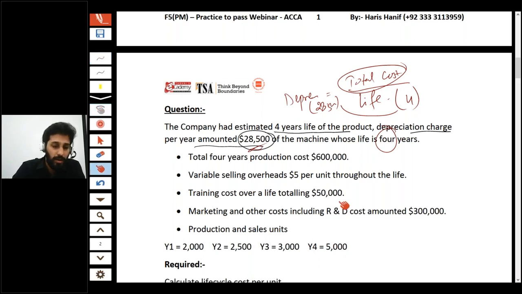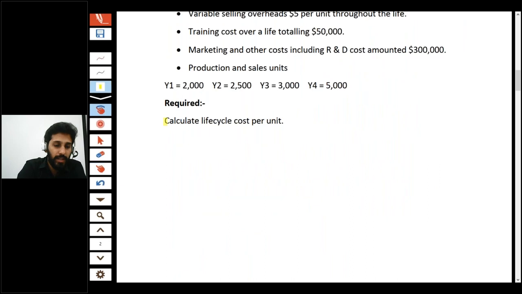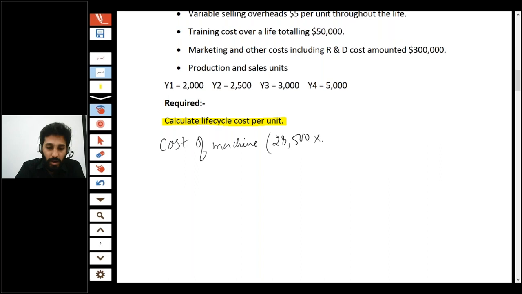So here, calculate the life cycle cost per unit. I will be taking the cost of machine, that is 28,500 multiplied by 4, that's 114,000.